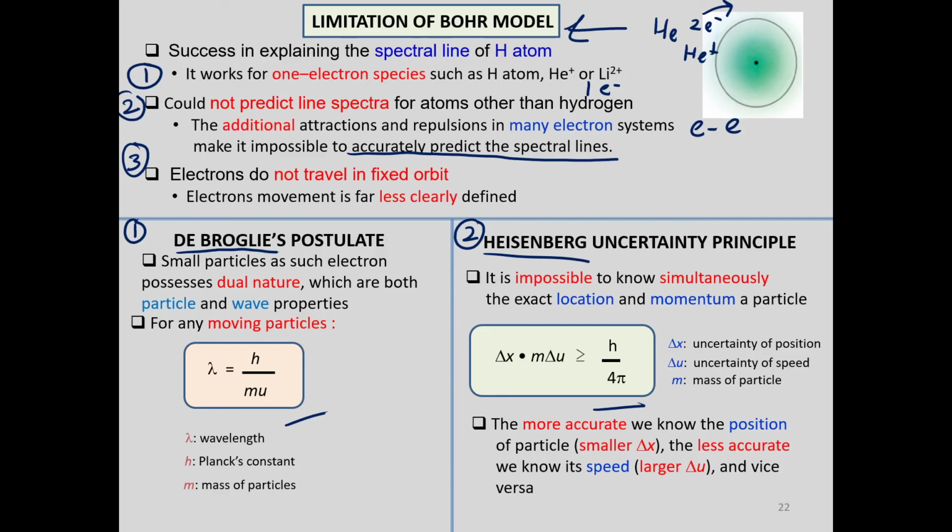So if asked to describe, the way to answer is to write the formula, and label what lambda means, what h means, Planck constant, what m means, which is the mass of the particle, and then this is its speed.